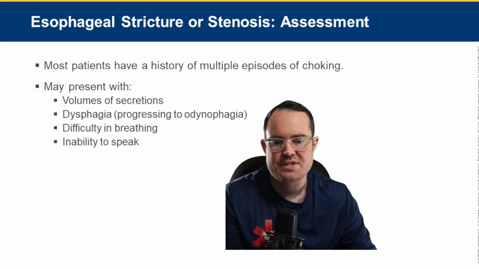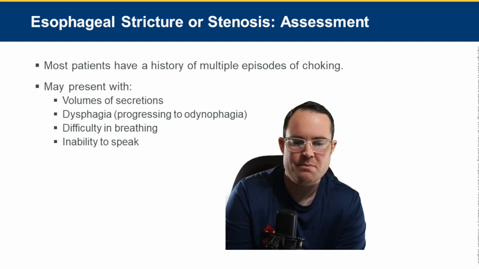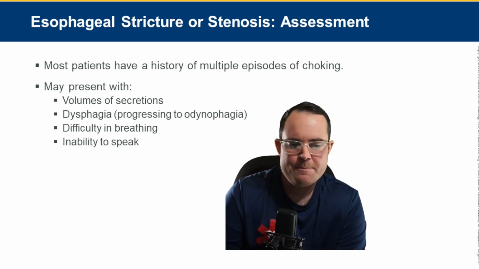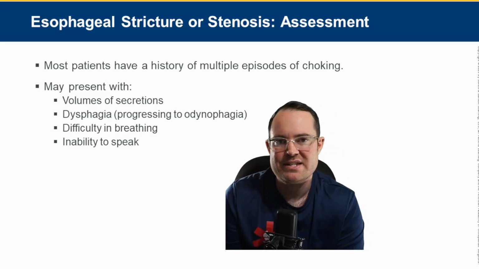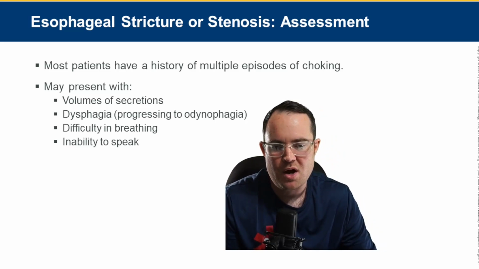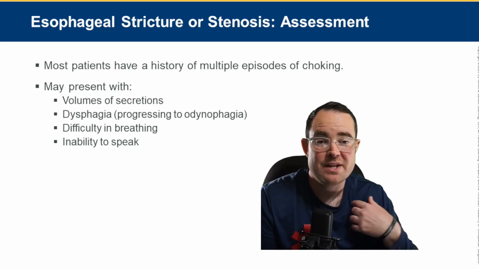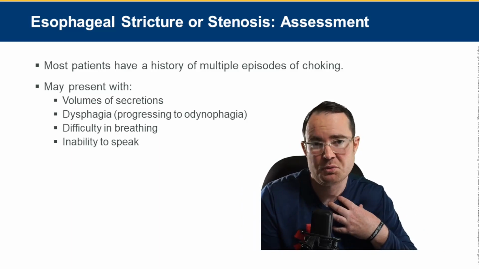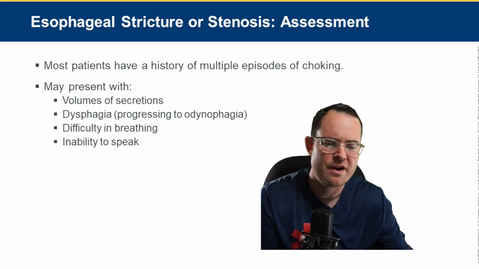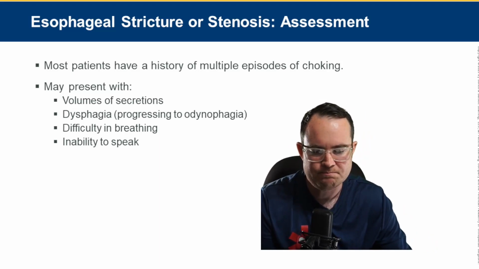It says that the patient could present with volumes of secretion, dysphagia. Dysphagia with a G means difficulty swallowing, right? Dysphasia with an S means difficulty speaking. It says this dysphagia will progress into odynophagia, which means painful swallowing. Okay, all these words you have to please write them down, know them.